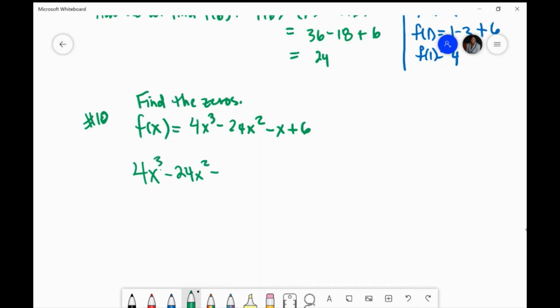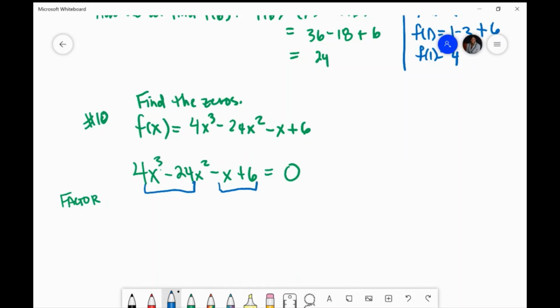Yep, you set this equal to 0. Whenever you have 4 terms, how are we factoring? By grouping. So we're going to see if these two terms have something in common and if these two have something in common, to see if we can group.